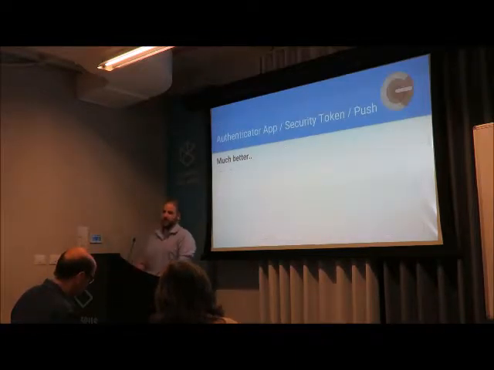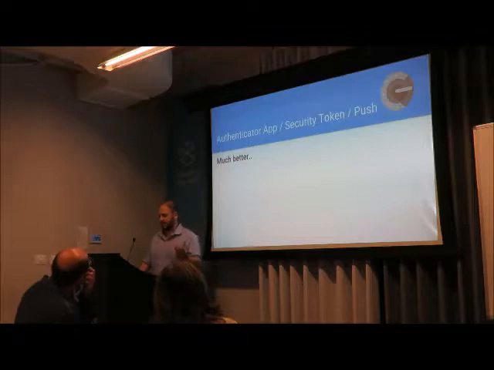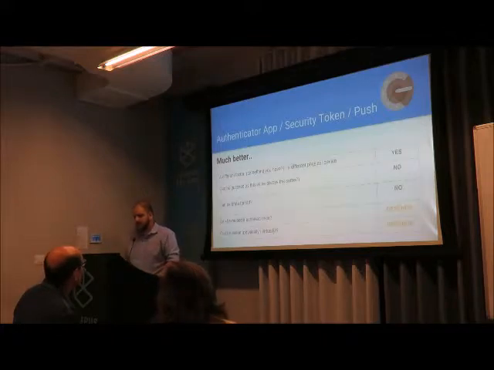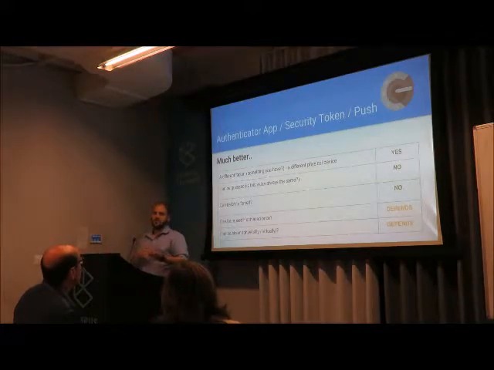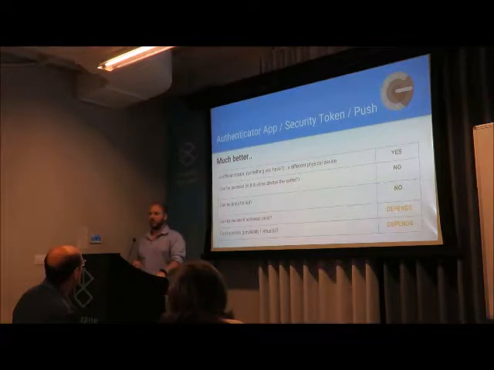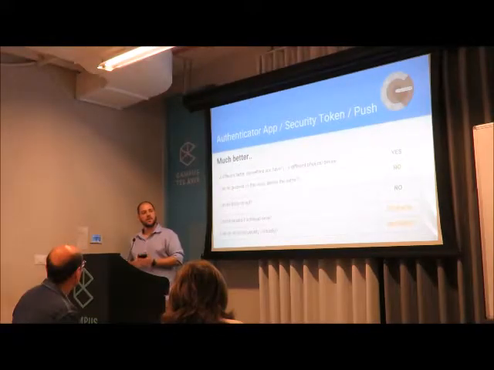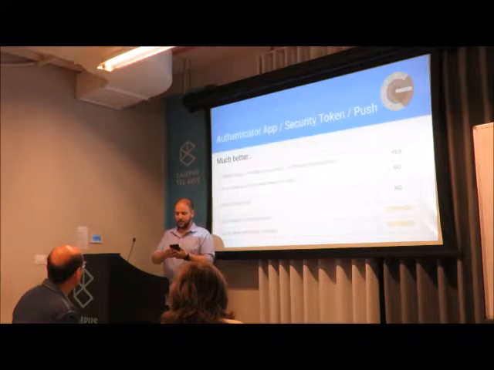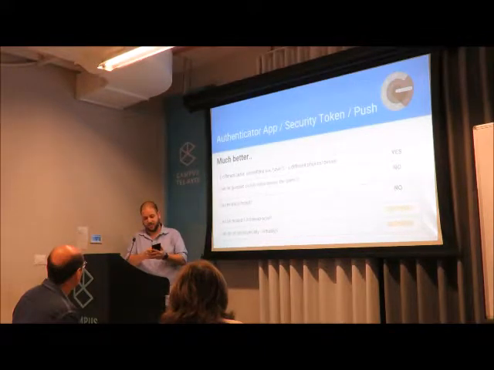The next option is authenticator apps and password managers, push notifications, etc. This is, again, slightly better because usually these apps are installed on your phone and they can't be moved. So if you're using Google Authenticator and you're logging into an account, the way it works is that you open the Authenticator app, and perhaps I have it to show you.